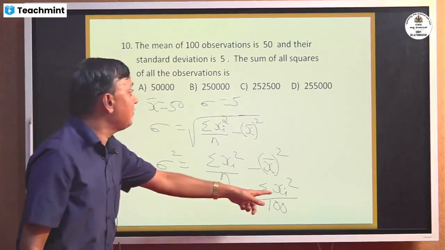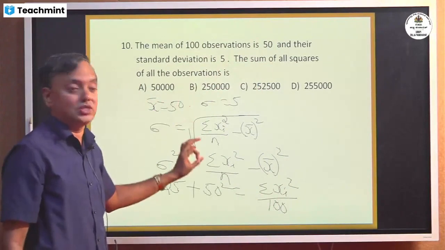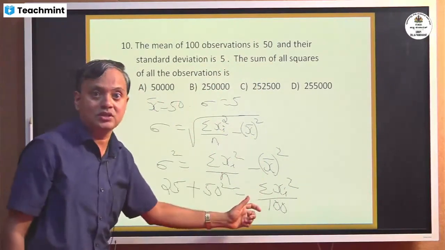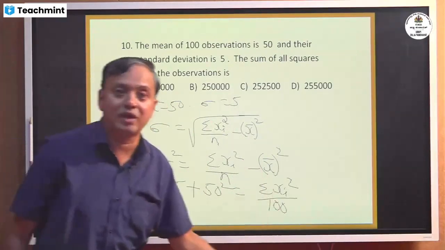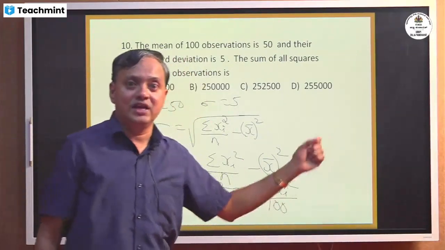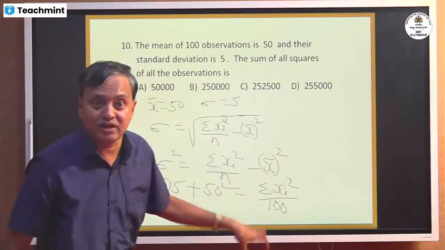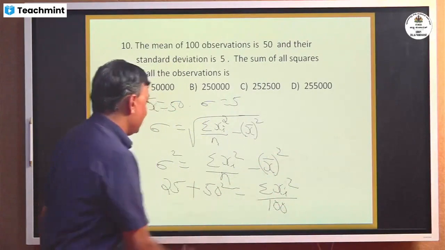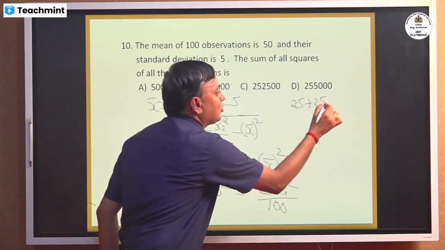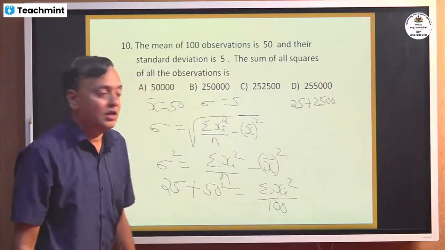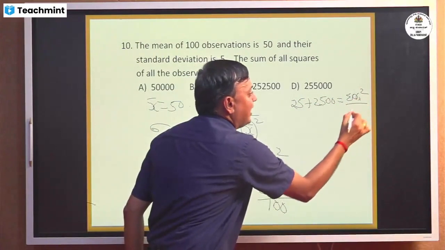Here we want sigma xi square, the sum of the squares of all the observations, that is x1 square plus x2 square plus x3 square and so on up to x100 square. That is what we need now, correct? Then 25 plus 50 square, which is 2500, is equal to sigma xi square by 100.